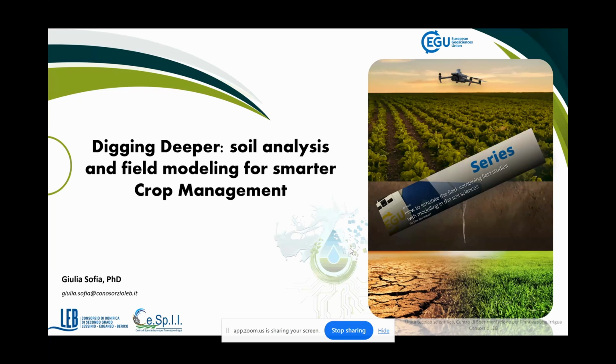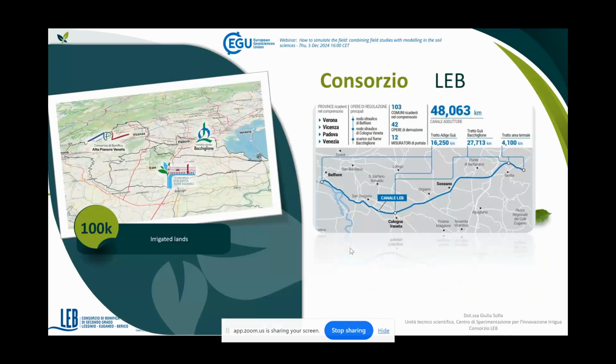So when I thought about this interesting session, I was thinking about a practical application that we had to deal with in my office. I work for a water management board in a small research center, and the main point of the work we do is handling water for irrigation. I'm telling you this because I just want to give you an idea of the scale we're working on generally.